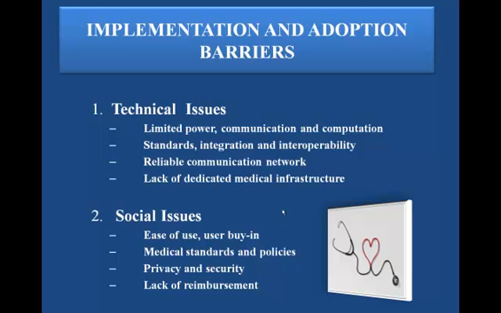Under social issues, we have usability issues of complex medical devices resulting in low user buy-in, disparate medical standards and policies, privacy and security concerns, and lack of reimbursement for ubiquitous medical services.